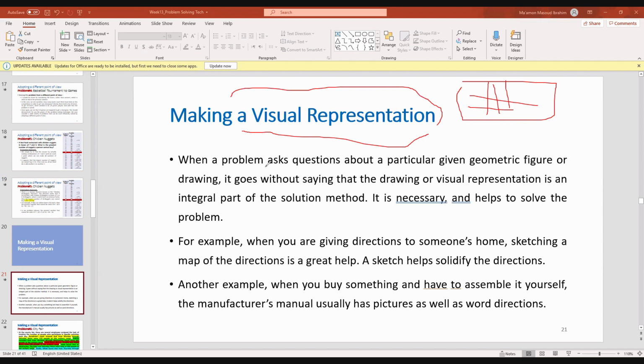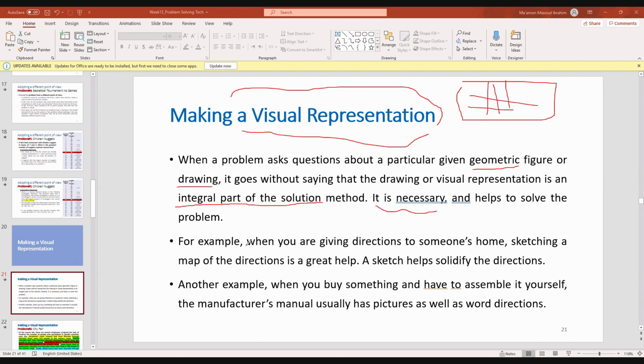So when we use a visual representation, this depends on the case actually. When a problem asks a question about a particular given geometric figure or drawing, it goes without saying that the drawing or visual representation is an integral part of the solution, and it is necessary. So sometimes drawing things will help me and you to understand what we are talking about, or help others to solve their problem.